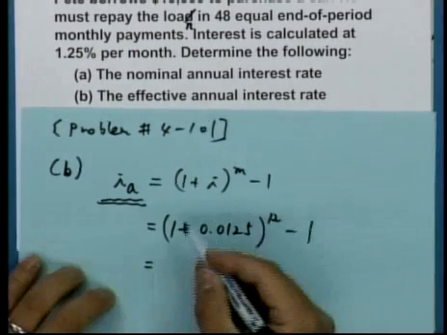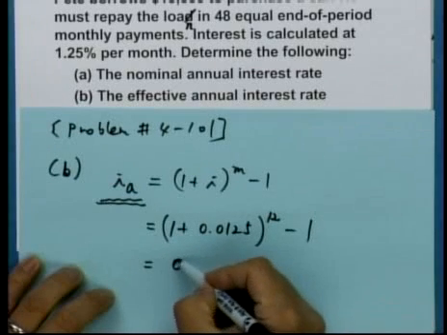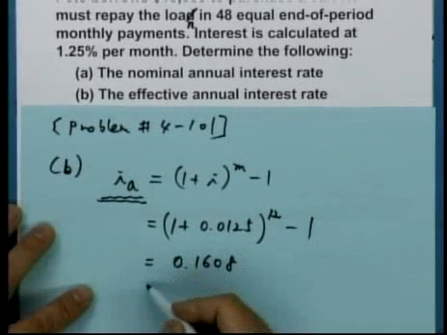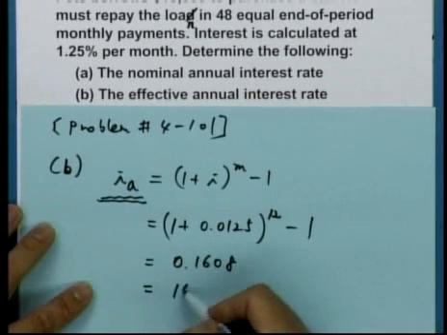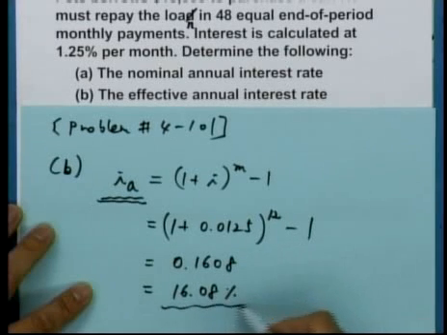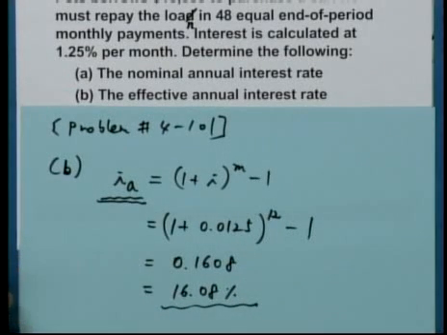Okay, this is 0.1608. So the effective interest rate would be 16.08%. This is the answer for part B.